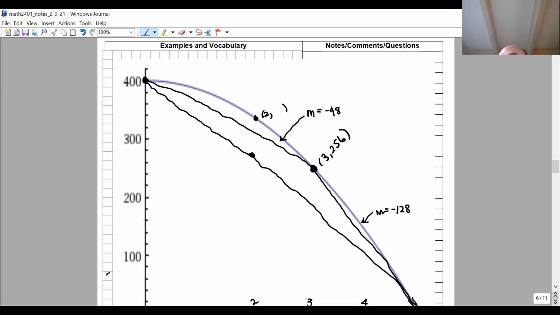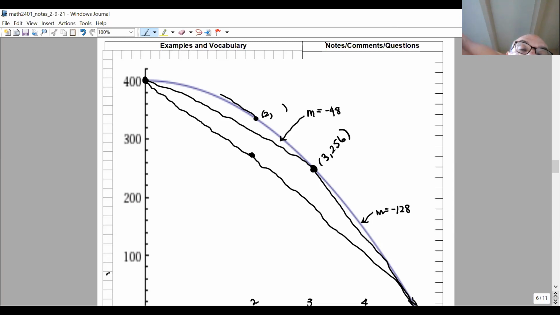So what we were really looking at when we zoomed in on this point, so that it looked like a line, was the tangent line to the curve at this particular point. Even though I can't zoom in on this curve, I can draw that tangent line by hand.